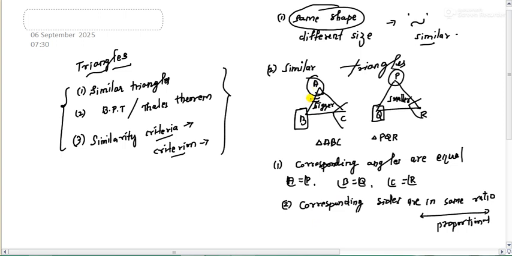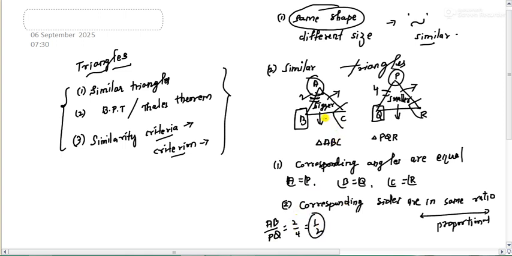See, the corresponding sides, AB by PQ. Whatever value we get, like AB is 2 and PQ is 4, the ratio is 1 by 2, correct? If I simplify, it is 1 by 2. Now the other two sides, all three sides of this triangle, should be in the same ratio, 1 by 2.